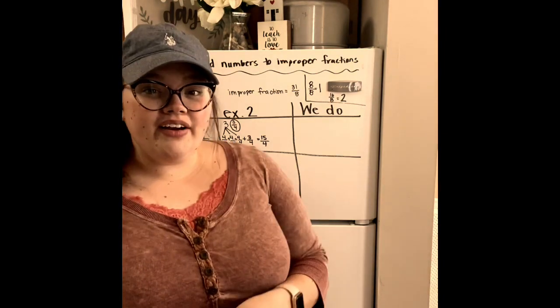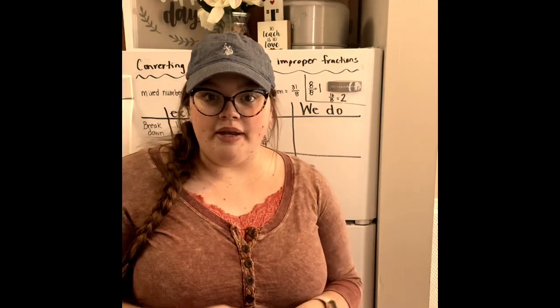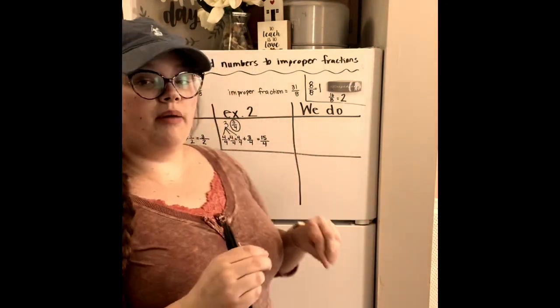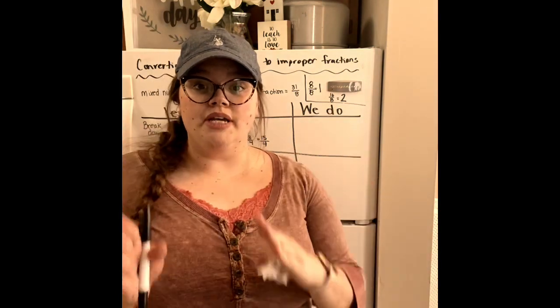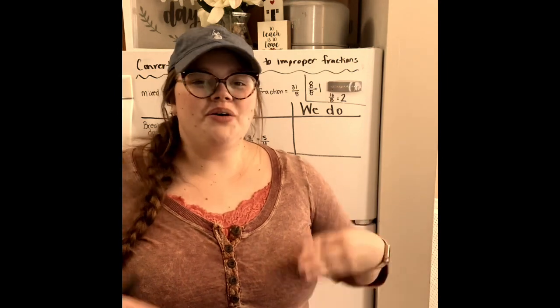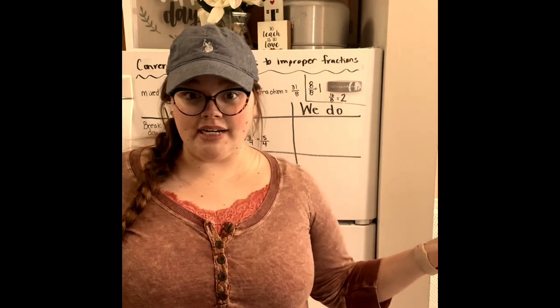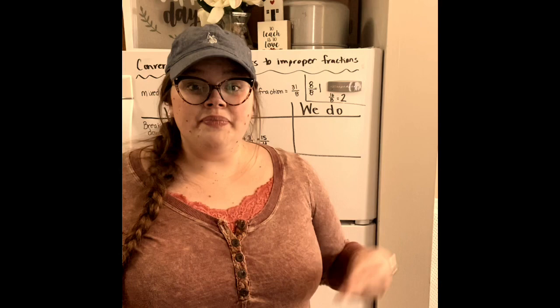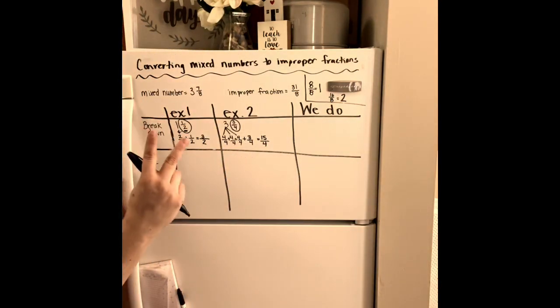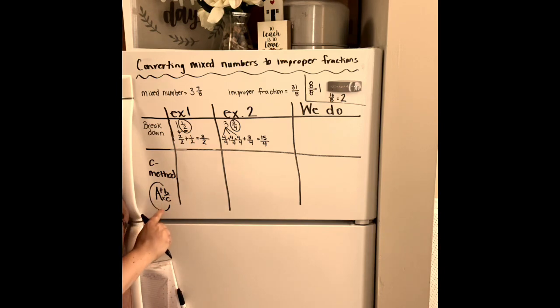But there's, I don't want to say simpler method, but there is a more streamlined method of solving this problem, going from mixed numbers to improper fractions. And it's what I refer to as the C method. I don't know the technical name, if there even is a technical name, but I call it the C method. And what that means is we're going to do 2 steps with our mixed number.